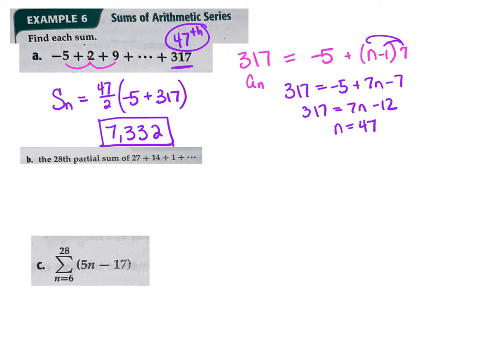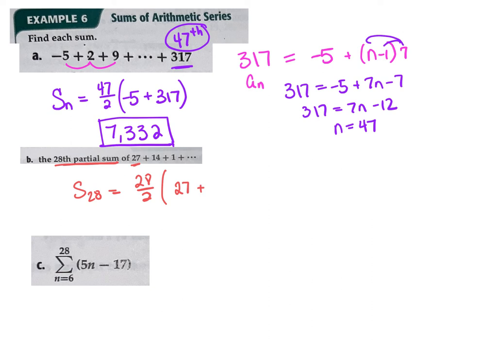All right. When they say a partial sum here, 28th partial sum, they mean 28 terms. So they want 28 terms starting with 27. Now, again, you can do this one of two ways. You can say, well, the summation of 28 of those terms is going to be 28 over 2 times my first term, which is 27, plus, well, what's my last term?